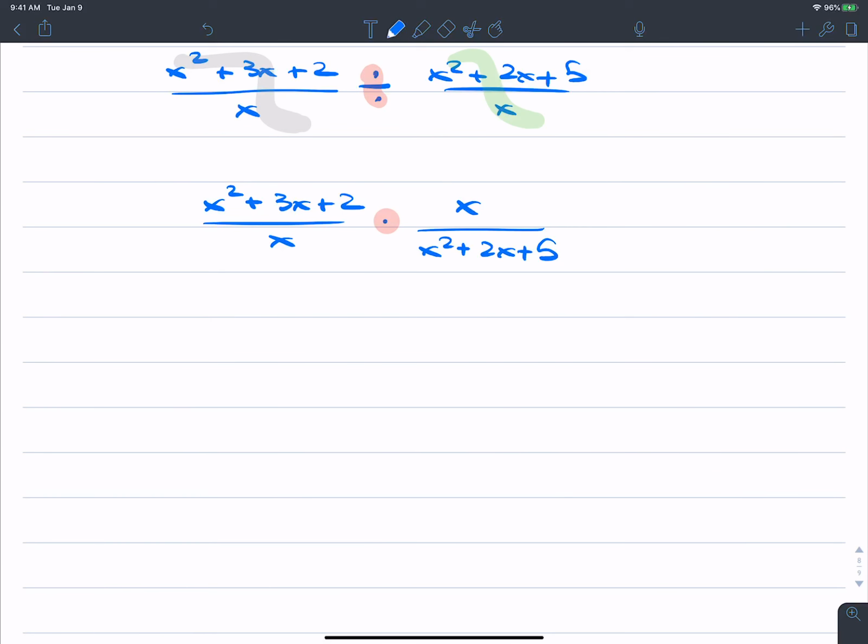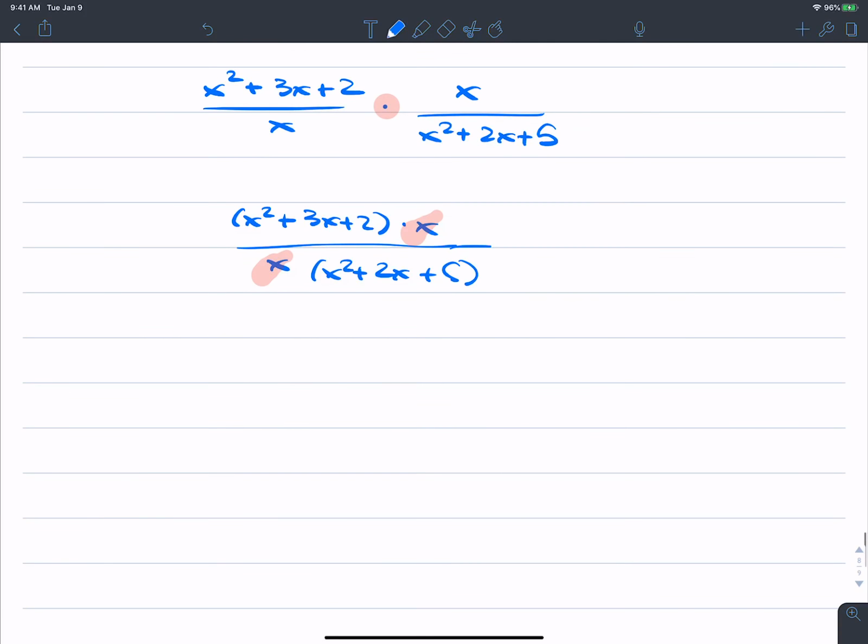So now you end up with x squared plus 3x plus 2 times x over x times x squared plus 2x plus 5. What cancels is this x and this x. They're gone. So you're left with x squared plus 3x plus 2 as a numerator over x squared plus 2x plus 5 as a denominator.